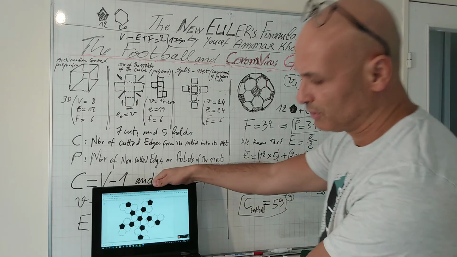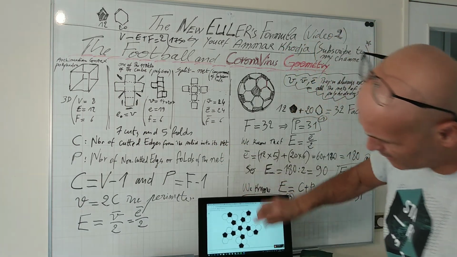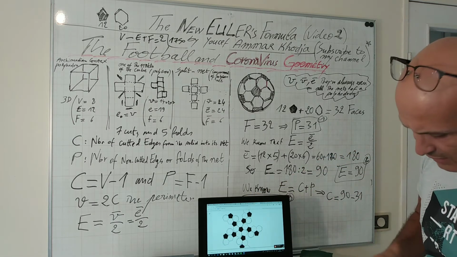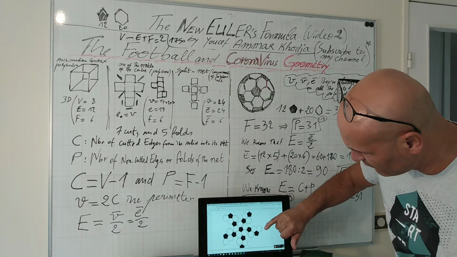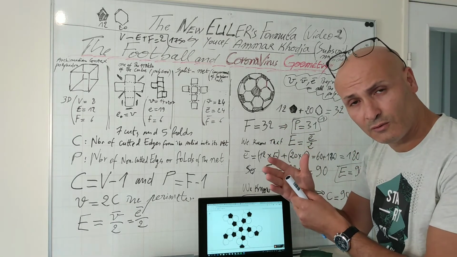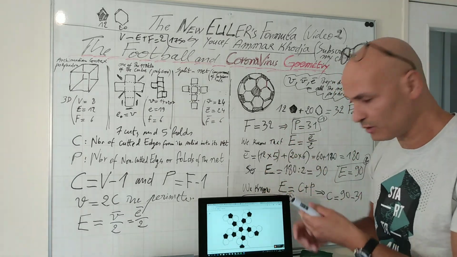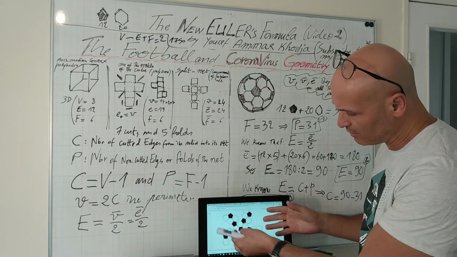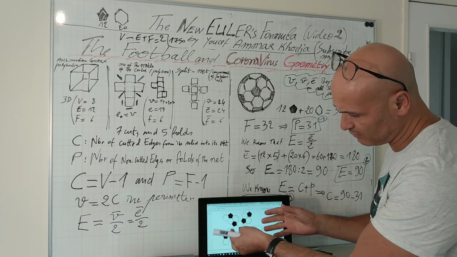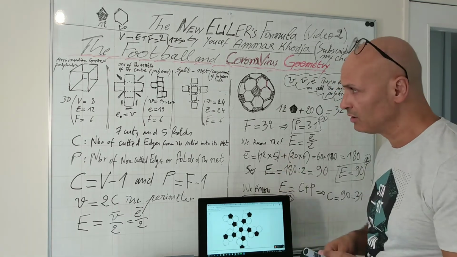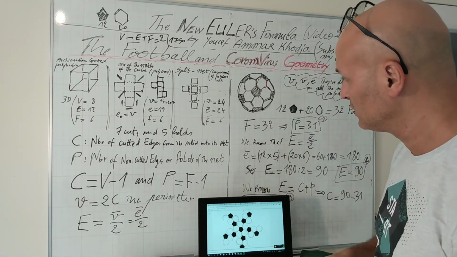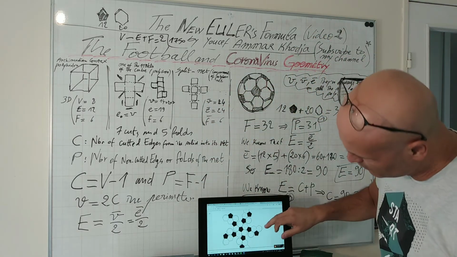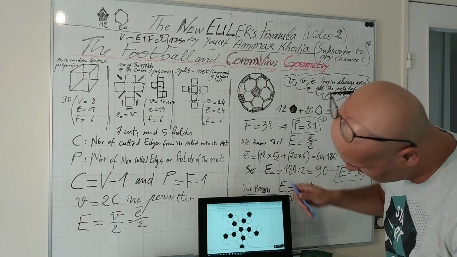The other question that we can ask about this net, of course you can check the number of cuts here, but the number of cuts is actually the number of those flaps where you need to glue, because if you make a net or a paper pattern to fold back a football, you need to put those flaps here.